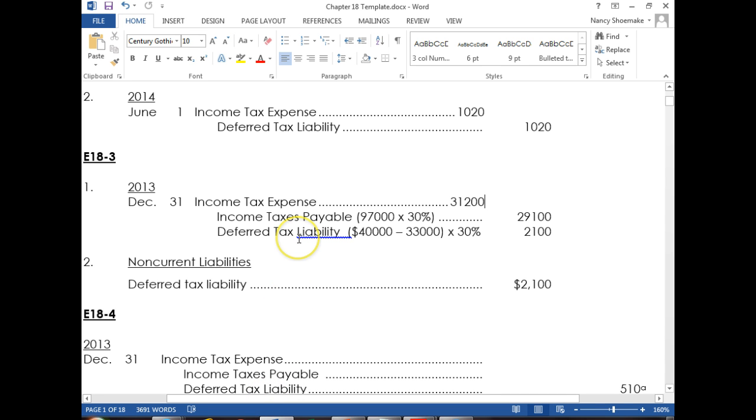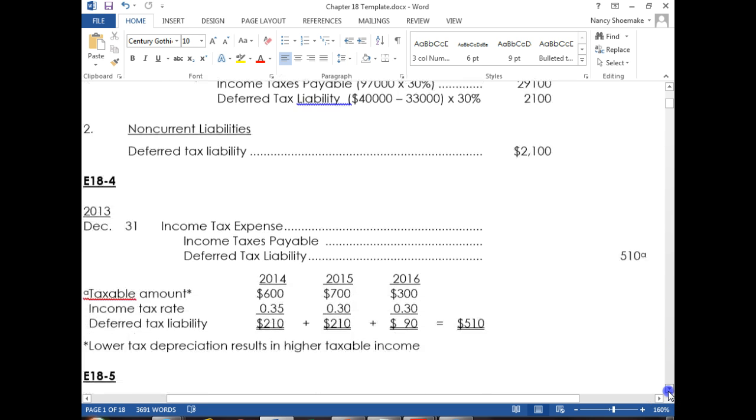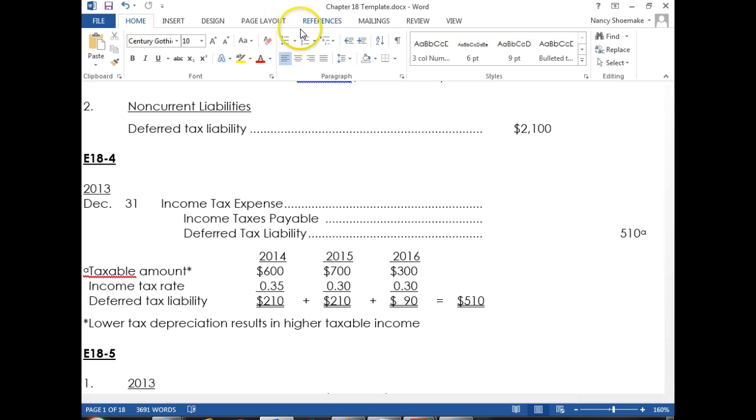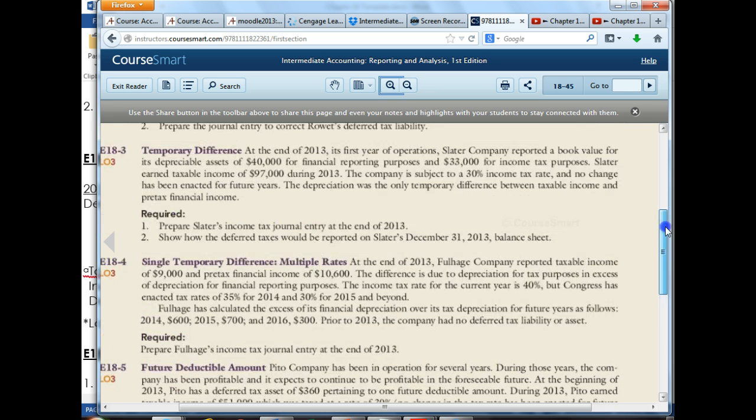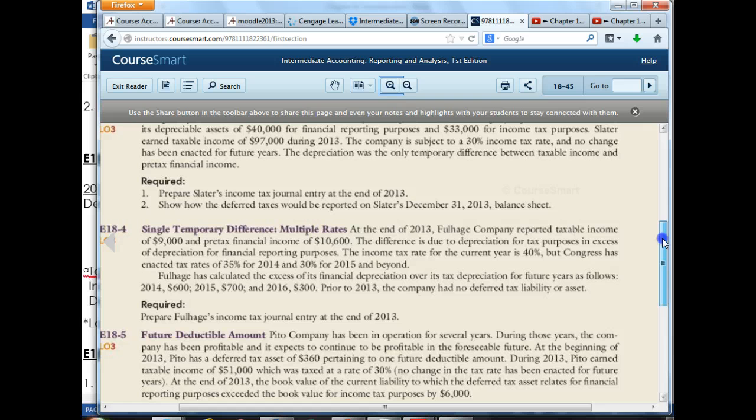So, as you see here, 18.4, when we're dealing with the income taxes payable in this period, how much was it of income in this period? Reported taxable income of $9,000, right?